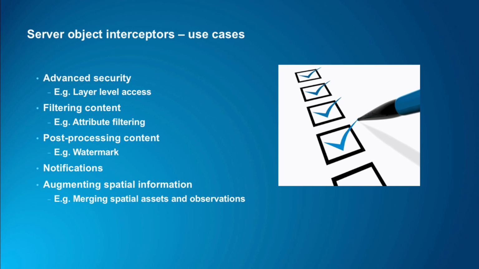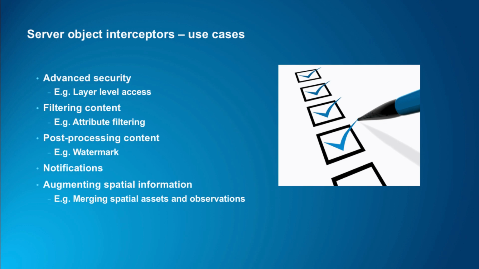So maybe I want more fine-grained control on the layers in my map. Maybe I want more fine-grained control on the attributes of feature classes in my map. The other aspect is simply filtering content. I want to hide certain attributes from being served to one particular role or a particular user who is requesting a map.